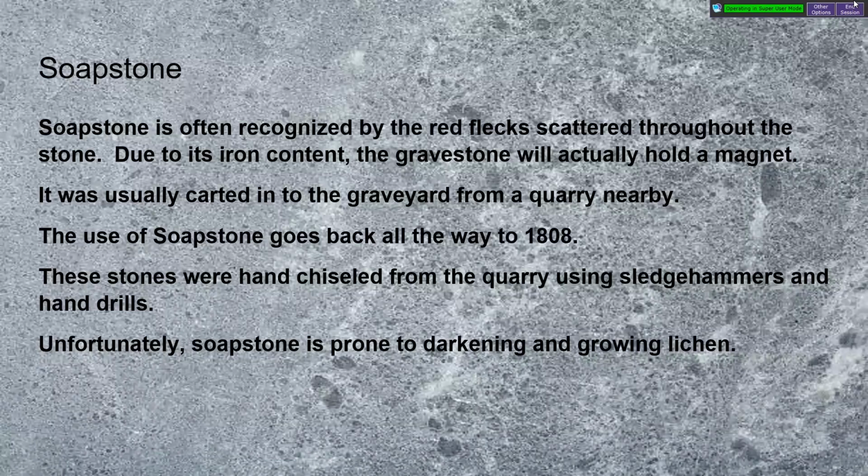It goes all the way back to the 1800s, and they were hand chiseled using a sledgehammer and a hand drill. So we're not talking electric drill here, we're talking hand drill. Soapstone again is prone to darkening and growing lichen. Soapstone would be Vermont, Virginia, Brazil, Finland, possibly Montana, and parts of the Appalachian Mountains.